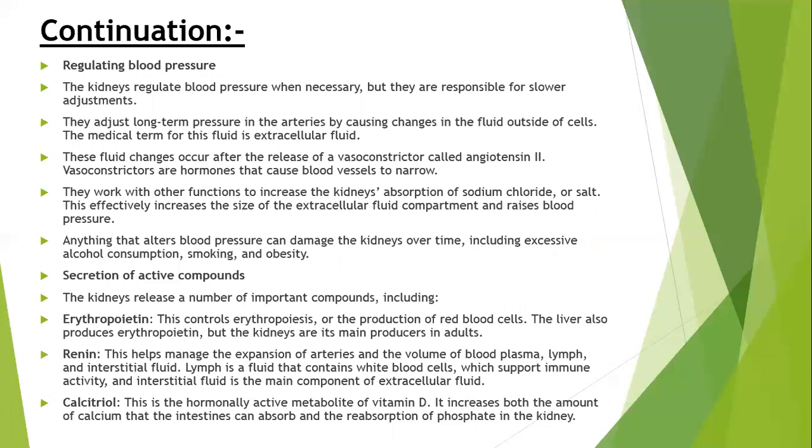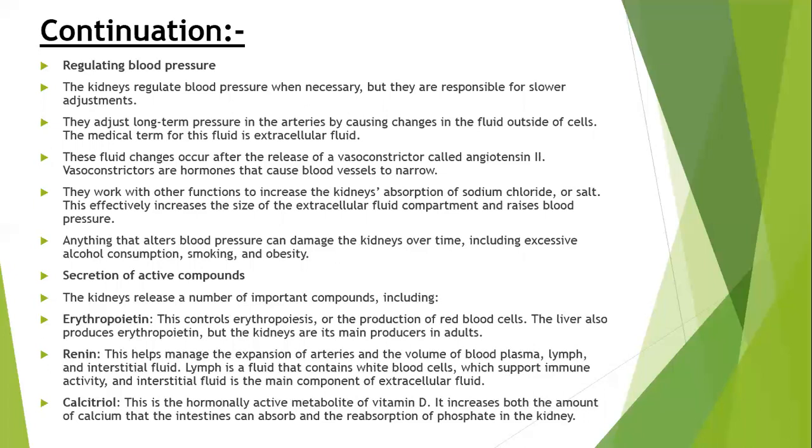And also blood pressure is one of the causes. The kidneys regulate blood pressure when necessary, but they're responsible for the slower adjustment. They adjust long-term pressure in the arteries by causing changes in the fluid outside of the cells. The medical term for this fluid is extracellular fluid. These fluid changes occur after the release of a vasoconstrictor called angiotensin II. Vasoconstrictors are hormones that cause blood vessels to narrow.